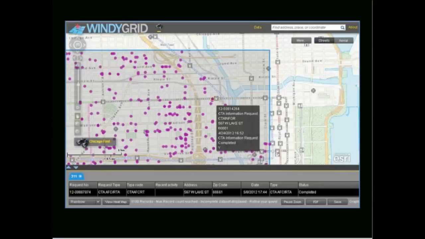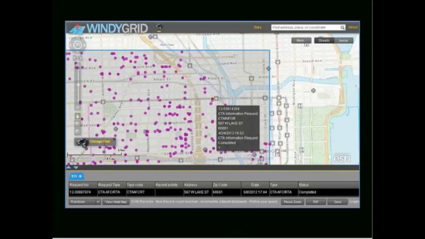Which brings us up to where we go next, and I'm pretty proud of this one. We found out earlier this year that we were one of the $1 million winners of the Bloomberg Mayor's Challenge, and we'll be using that money to progress past what WindyGrid lets us do, which is cut across our siloed data to make strong operational decisions, to actually building an open source predictive analytics platform.